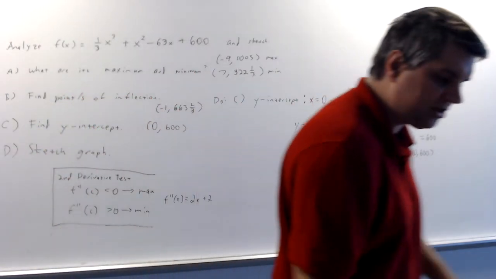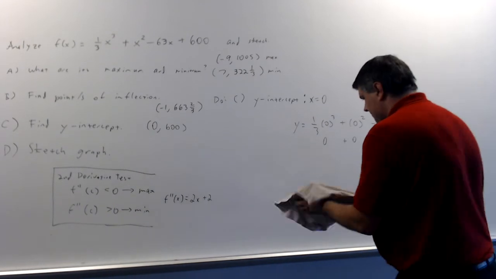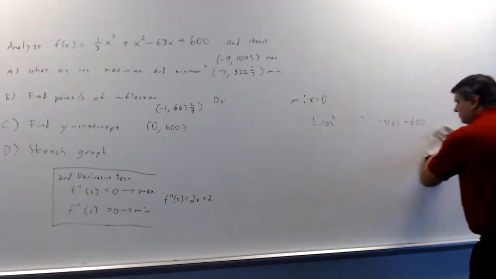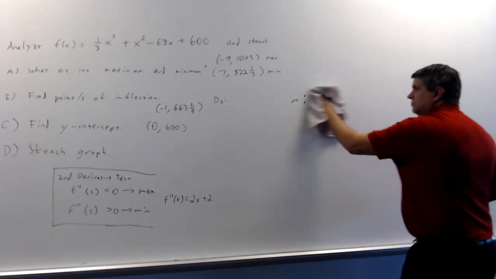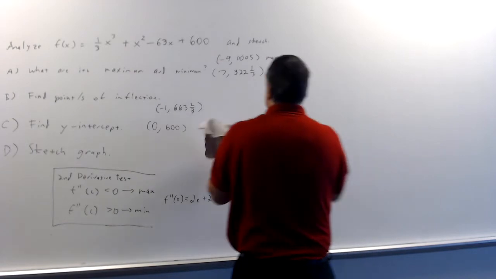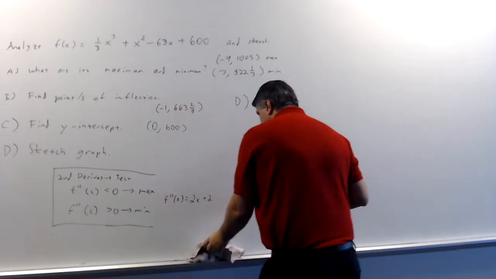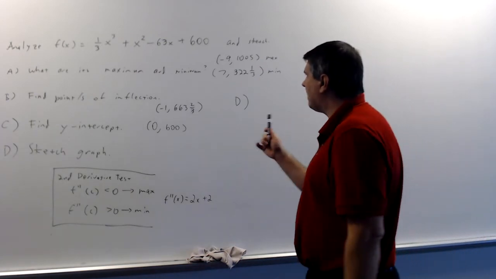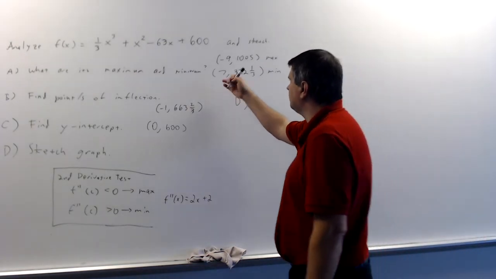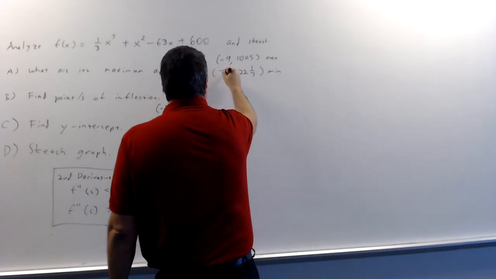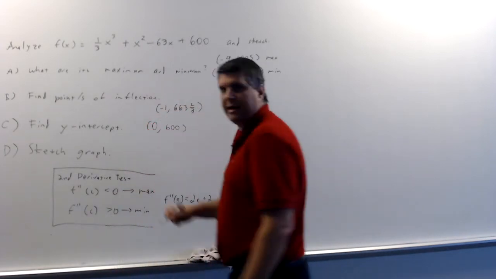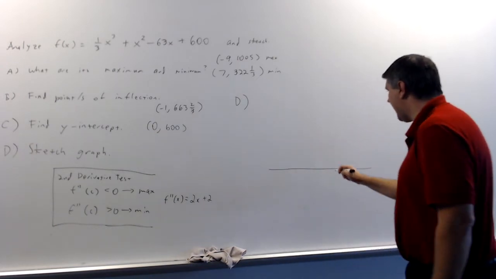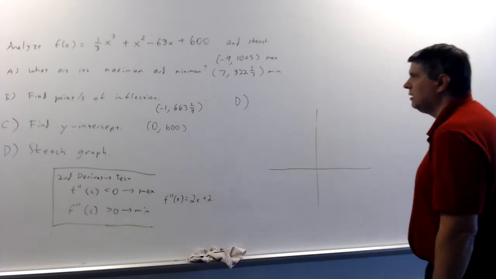So now it's time to sketch the graph. I'm not going to overcommit. I only have x coordinates for 7, negative 9, negative 1, and 0. So those are the only ones that I'm going to label on my x-axis at this time.